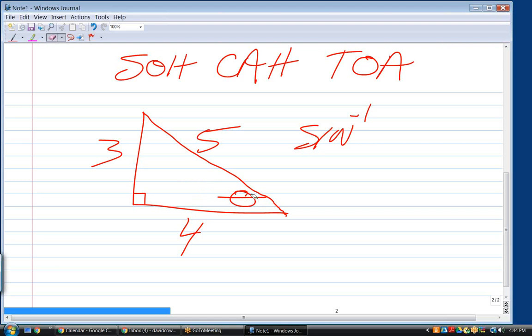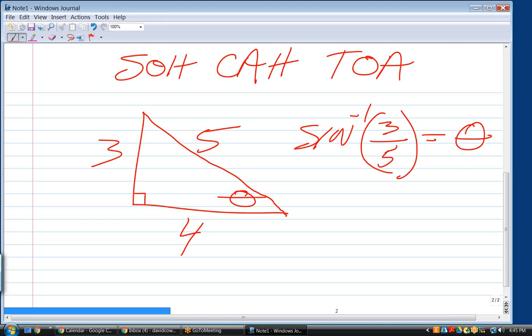So, if I wanted to solve for that angle, it would be the inverse sine of 3/5, right? We're going to take inverse sine of ratios to come up with the angle.